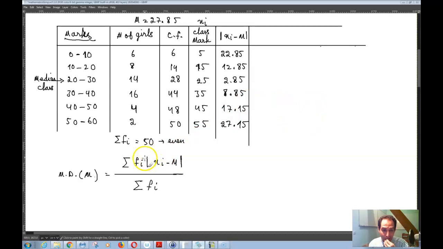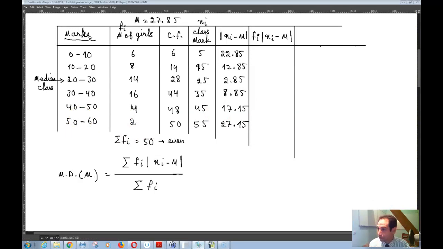Now I need to calculate f of i times the absolute value of x of i minus m for the formula. I will do this using a calculator, since it's not easy to calculate these and would take a long time.